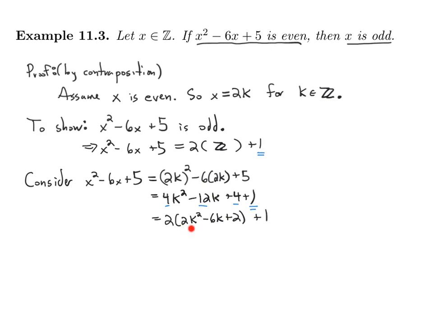And again, we have a bunch of integers added, subtracted, and multiplied together. So this is still an integer. So we can say since 2k squared minus 6k plus 2 is indeed an integer, we know our original expression, x squared minus 6x plus 5, is odd.